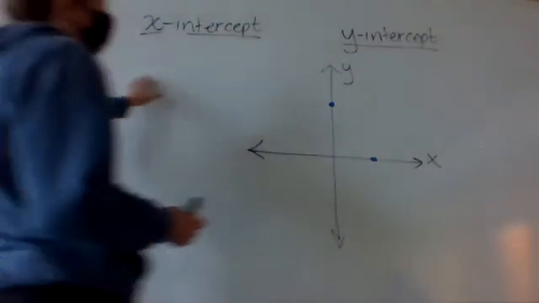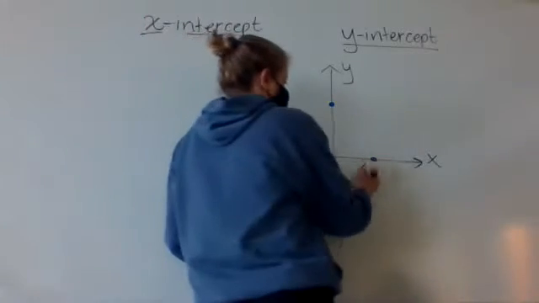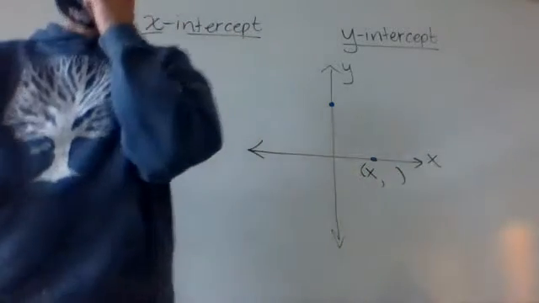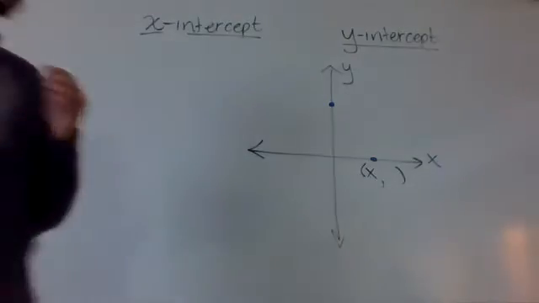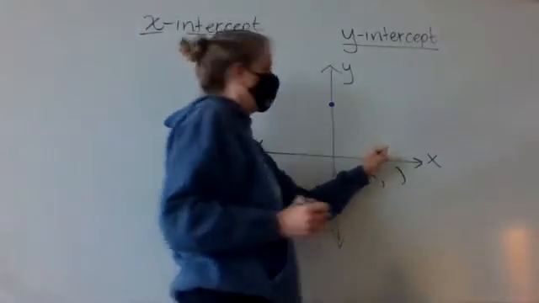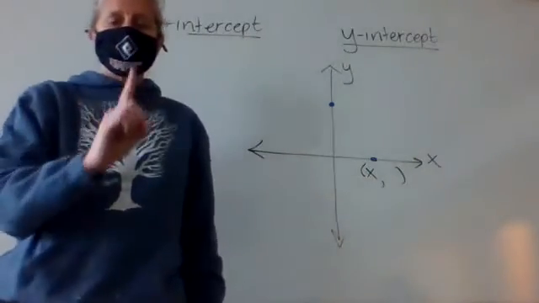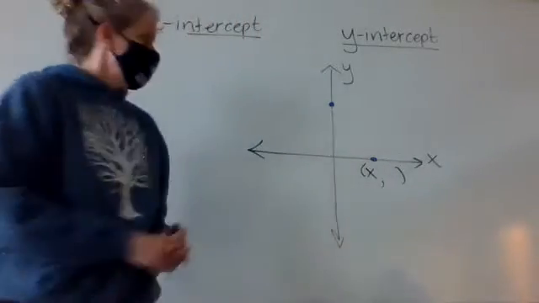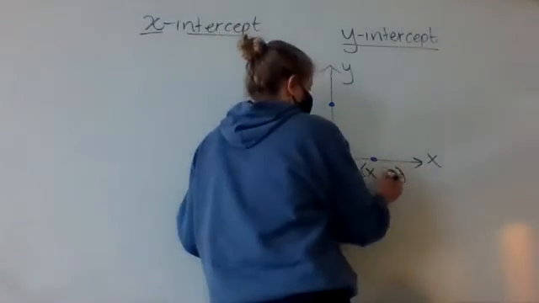If you are an x-intercept, you will have a number in that spot for x. But how would you lie on the x-axis? There is one thing in common with all the x-intercepts in the world, and that is, they have to be 0. That is exactly right.